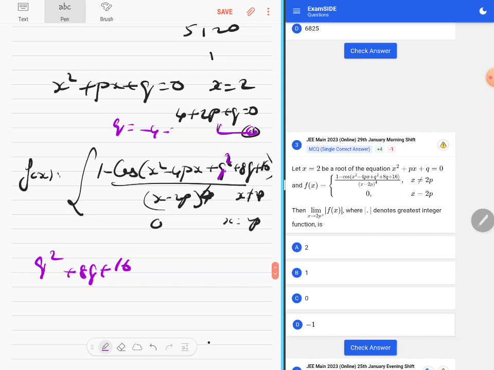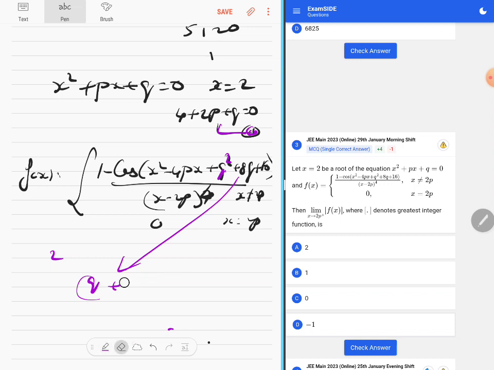It's minus 4 minus 2p, and substituting that here, or what else can we write? q square plus 8q plus 16 itself is q plus 4 the whole square, correct? 4 2s are 8, 4 4s are 16.